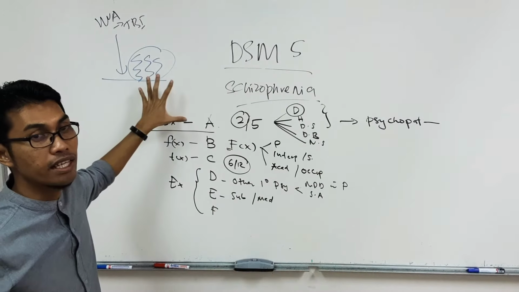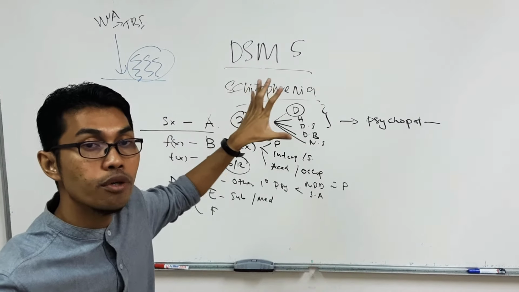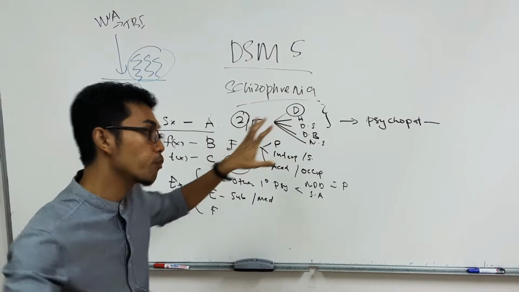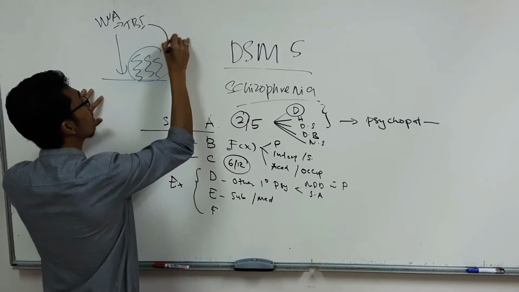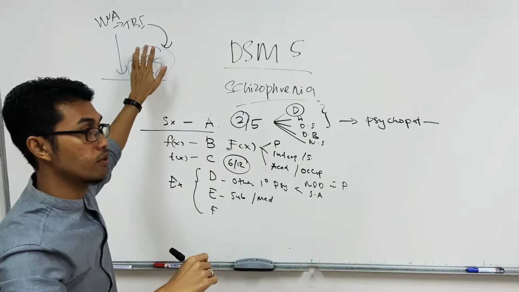Now, if this is the case, then your diagnosis should not be schizophrenia. Your diagnosis should be psychosis due to another medical condition, which is TBI.